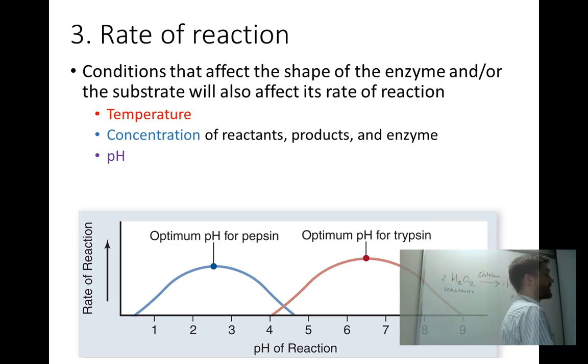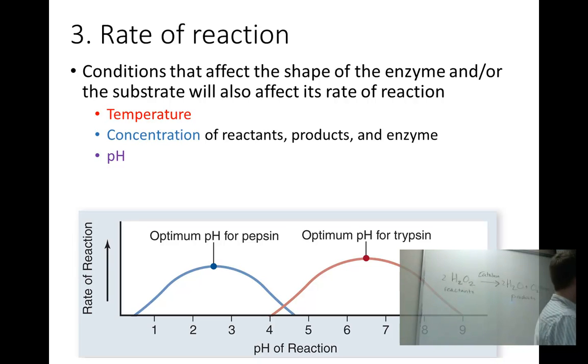And the pH of your stomach is, guess what? Not 7. It's not 6. 4, getting closer. It's around 2, 3, yeah. The pepsin is in your stomach, so it works well at between 2 and 3.